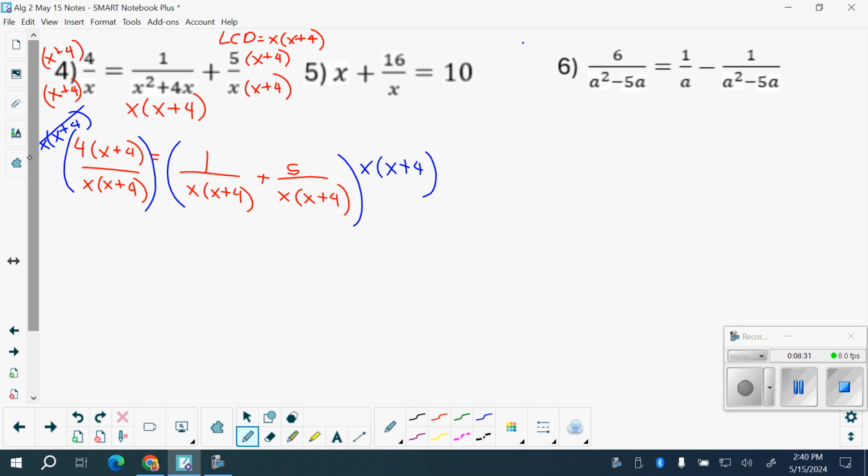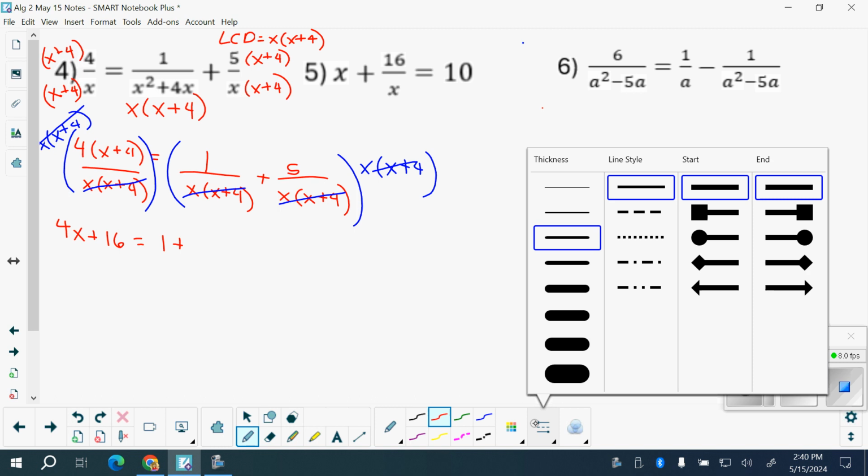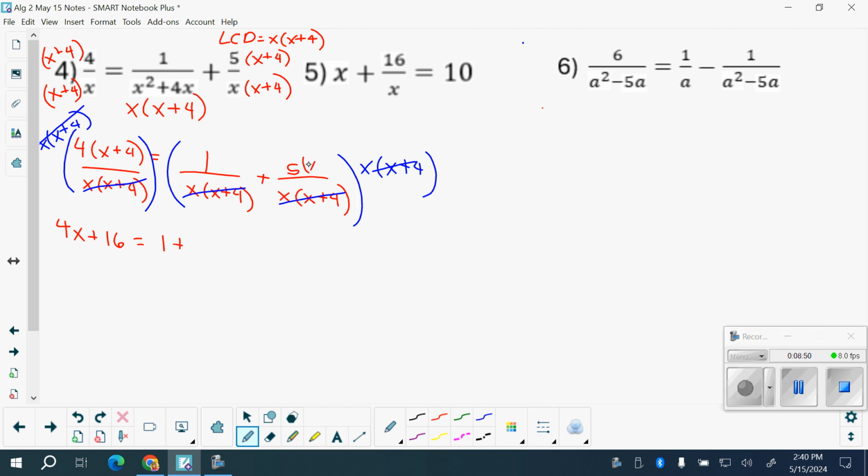So our denominators go away. And we get, sorry, I wrote that wrong. There needs to be an x plus 4 here. And what would we do next?